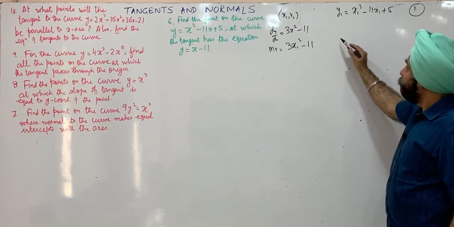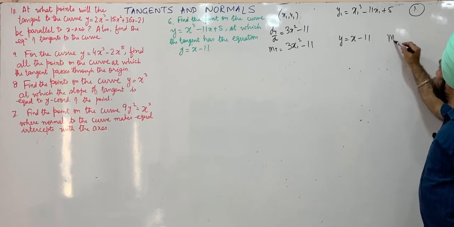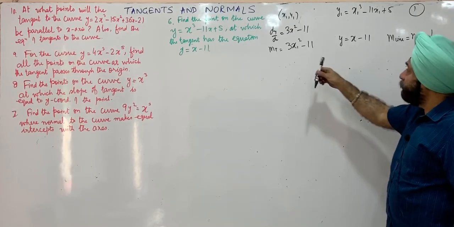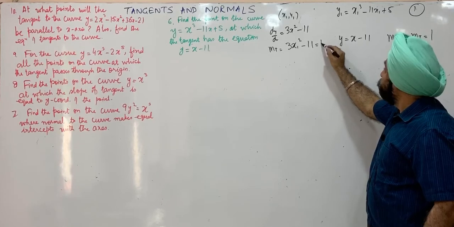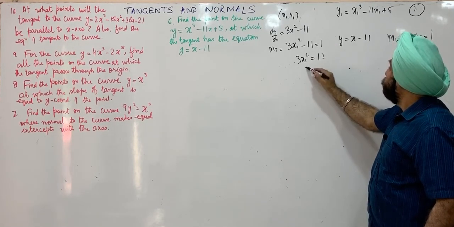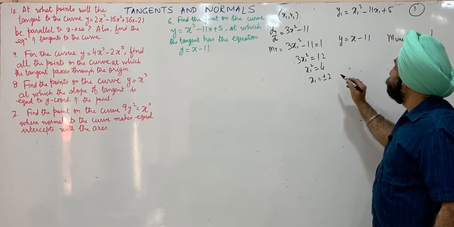The equation of the tangent is y is equal to x minus 11. So the slope of this line, or the slope of the tangent, is 1. This is the expression for the slope of the tangent, so we equate this to 1. This gives us x1 square is 4, x1 is plus minus 2.